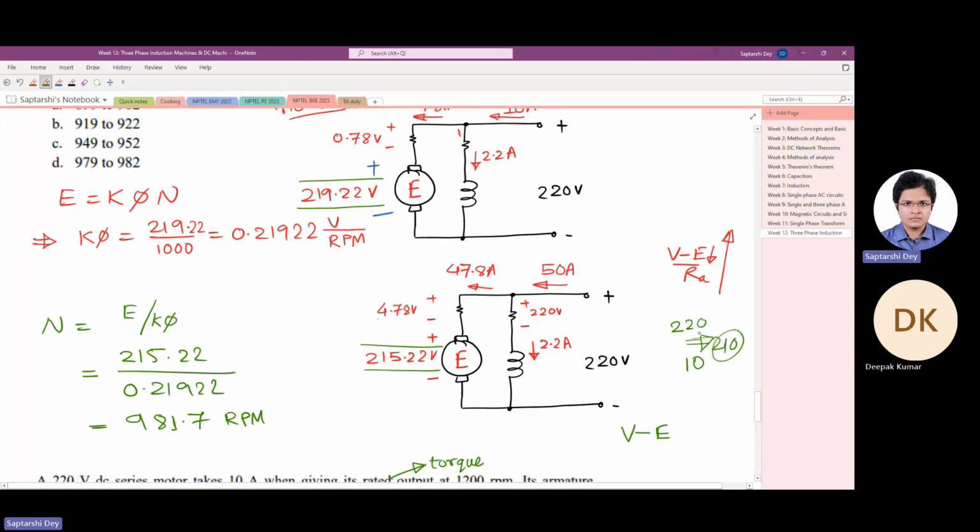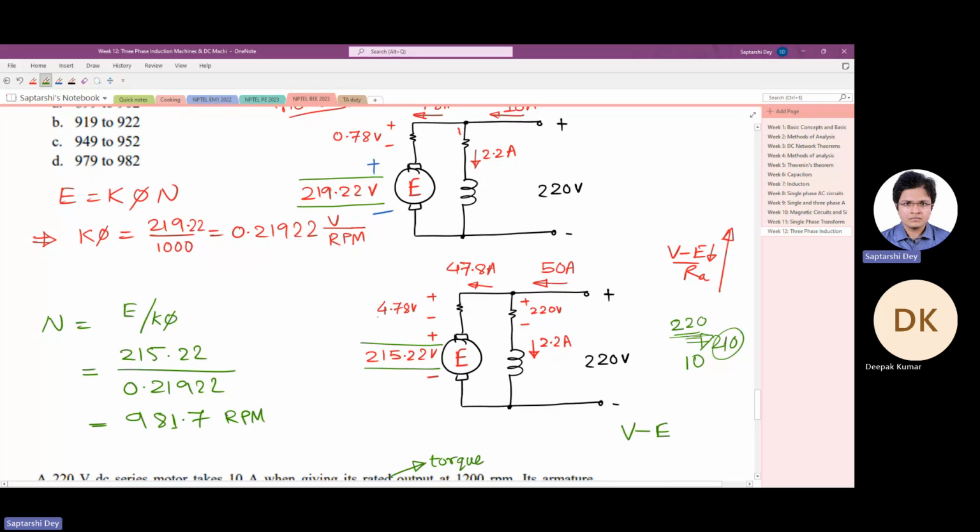That machine would definitely have a lot of copper loss in the armature. I am telling all this to give you an idea of the relative magnitudes of the rated voltage and the rated back EMF of DC machines. They are like this.